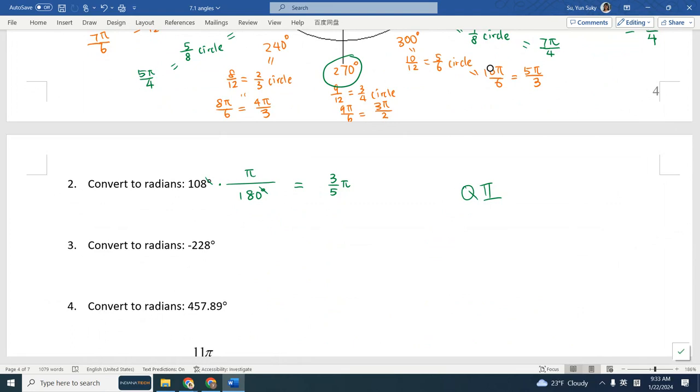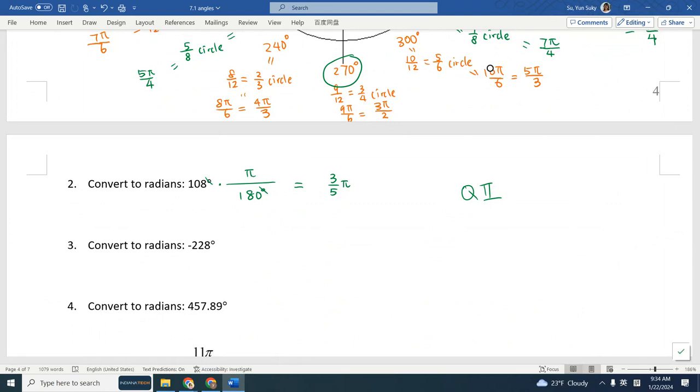So you want to get a fraction. Yeah, 108 divided by 180 times pi.